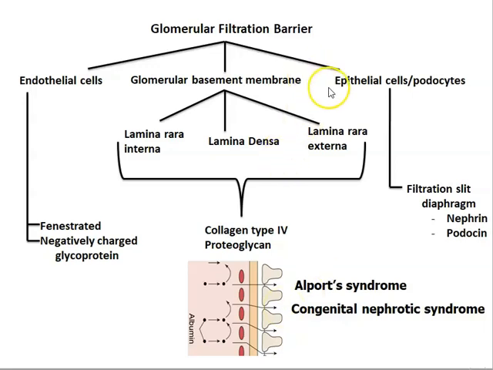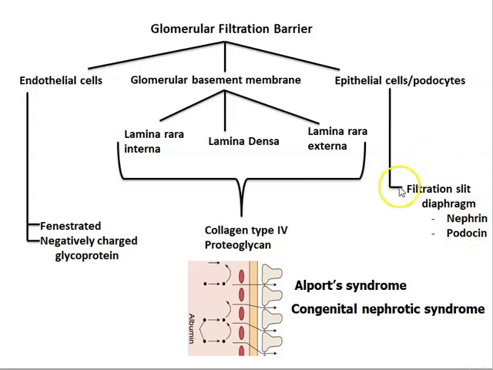The third layer we have discussed is the epithelial cells or podocytes, and we know the features of these. They have foot processes, and between them are spaces which contain filtration slits. These filtration slits consist of proteins such as nephrin and podocin.